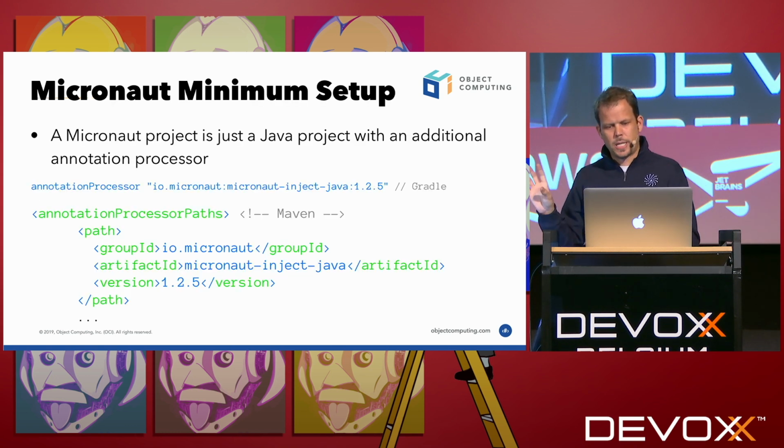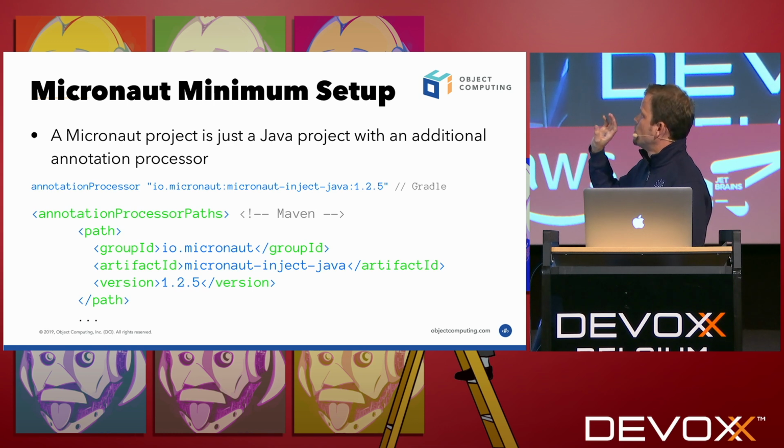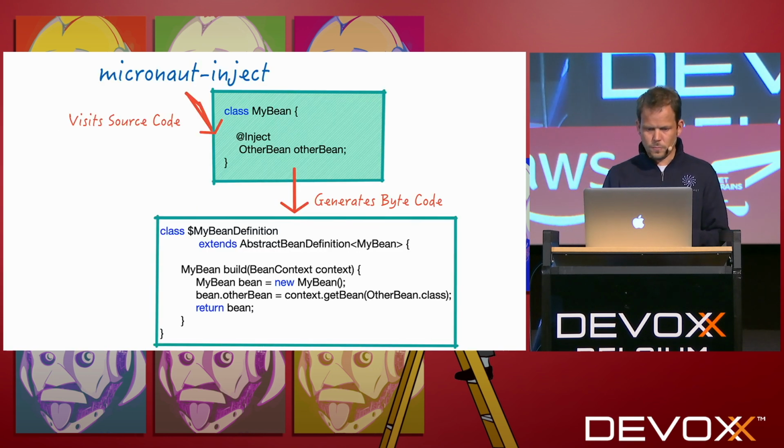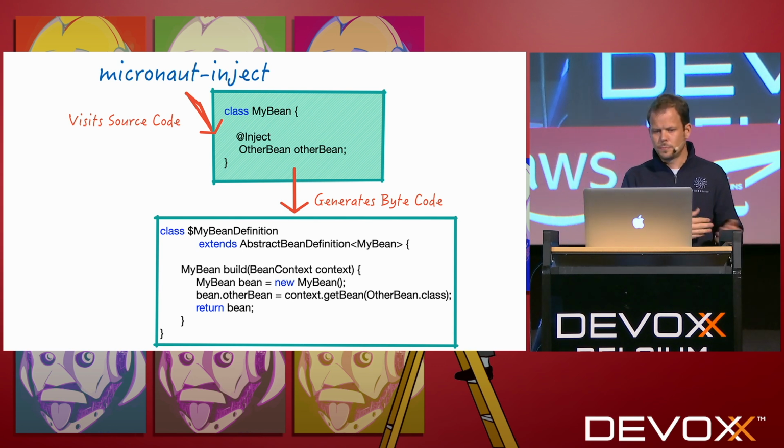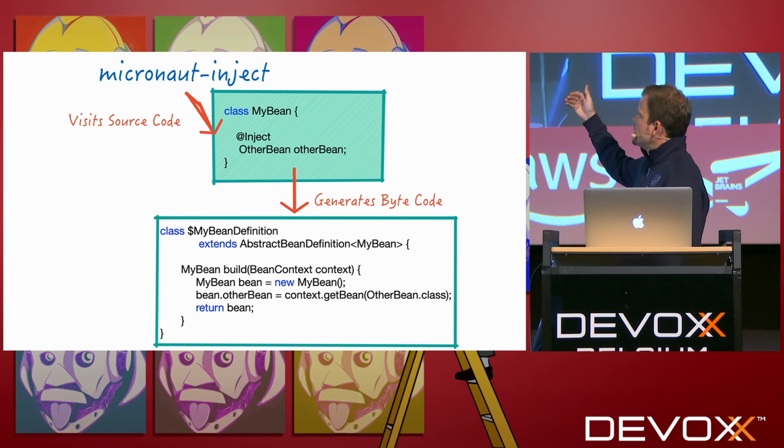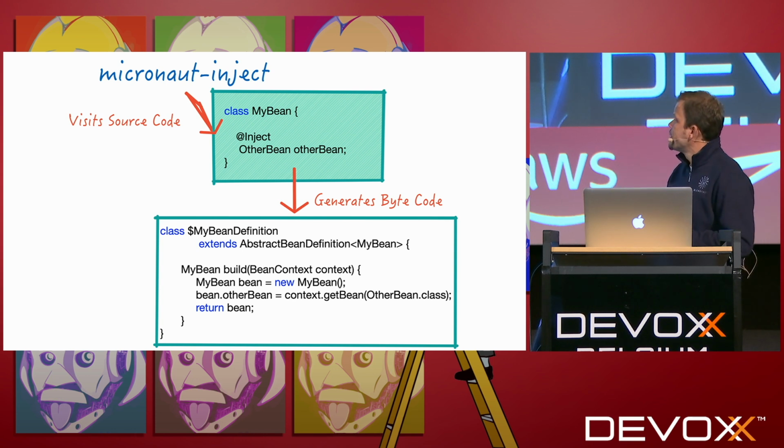So like I said, the minimal setup for using Micronaut is declaration of an annotation processor, which is Micronaut Inject Java, which you can declare in either Gradle or Maven. And how it works is that Micronaut Inject will visit your source code. For example, here we've got a class that has @Inject and some other bean. And it will generate an additional set of classes. It generates bytecode in the same package as your class, as synthetic classes.